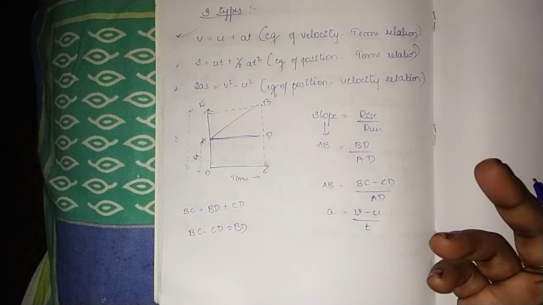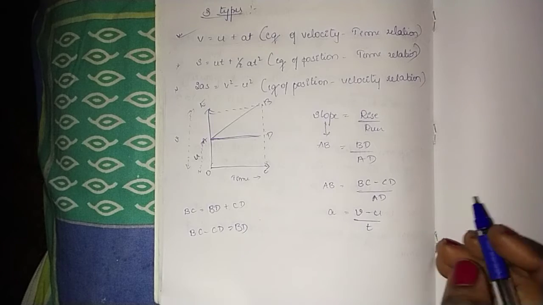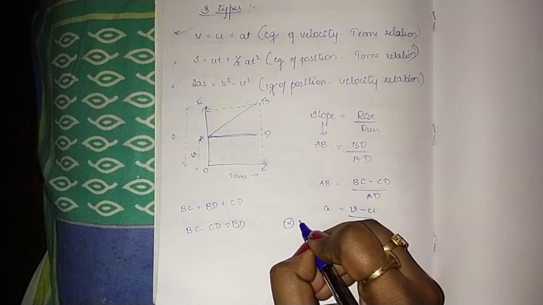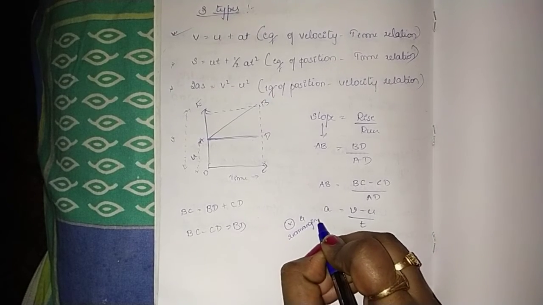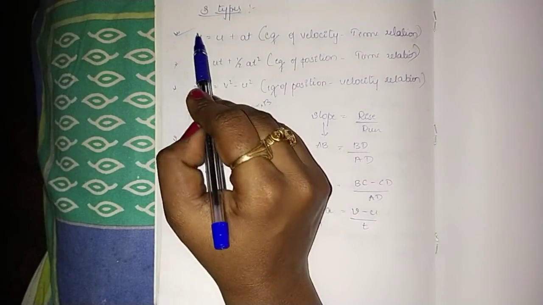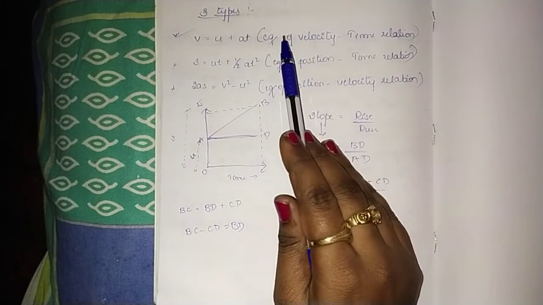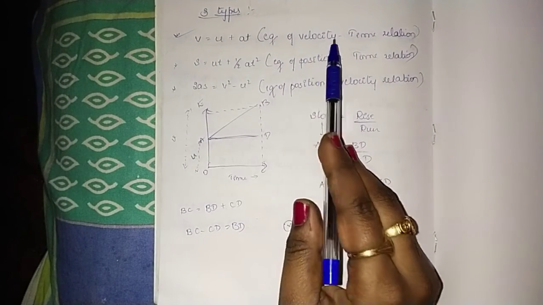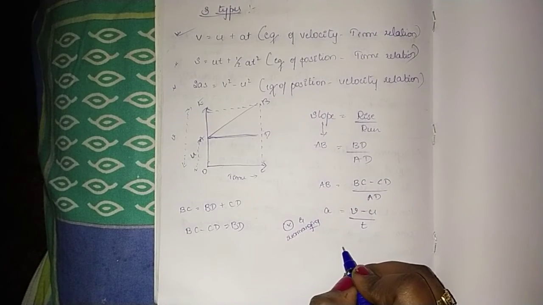On multiplication and rearranging of equation 1, equation of motion 1, you can write it for your convenience in an easy method. We need to find the velocity. Because we are dealing with the equation of velocity, we require velocity, that is V. So on rearrangement what do we get?